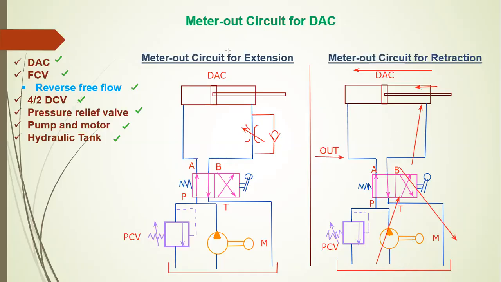So we have to draw one FCV at that point, because we have to draw the meter out circuit. So attach the FCV on the outside.